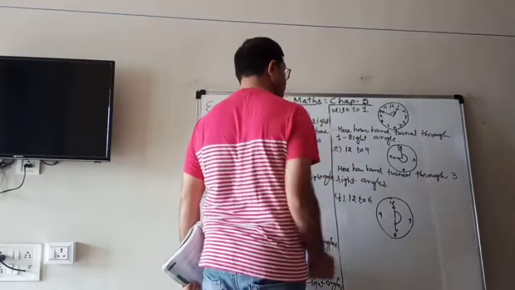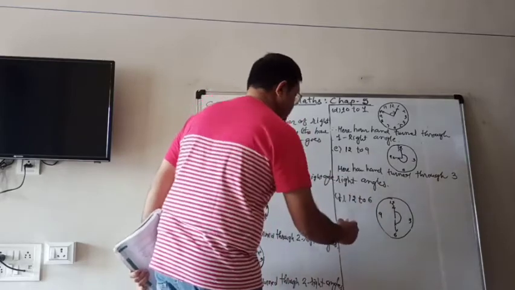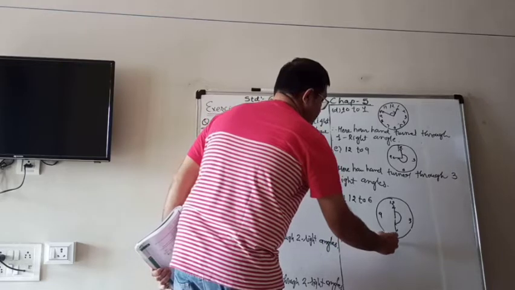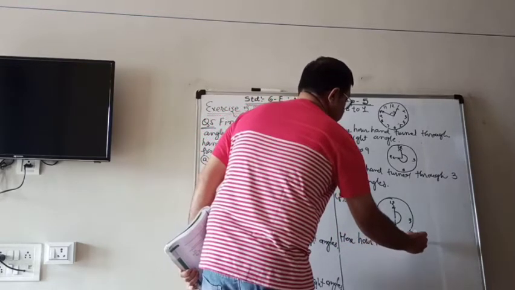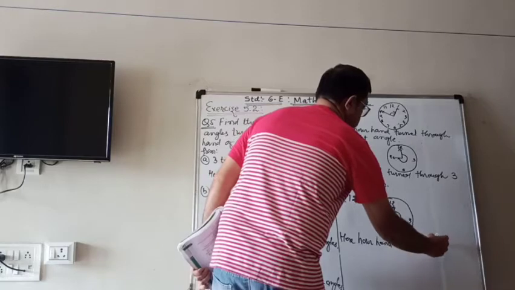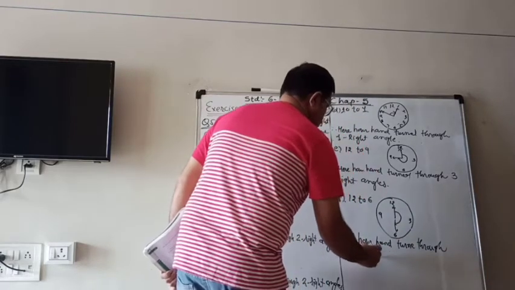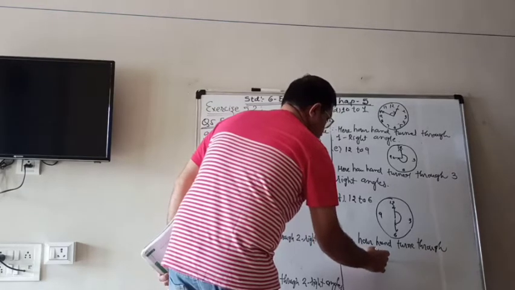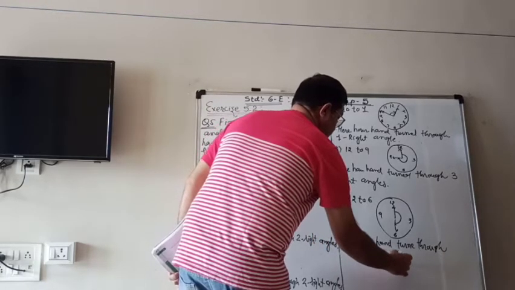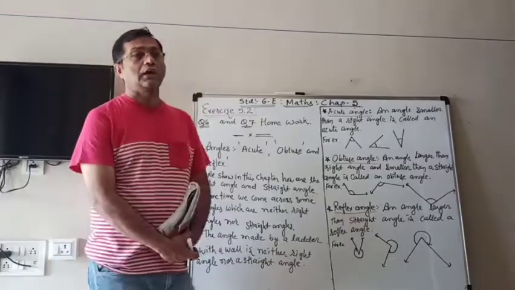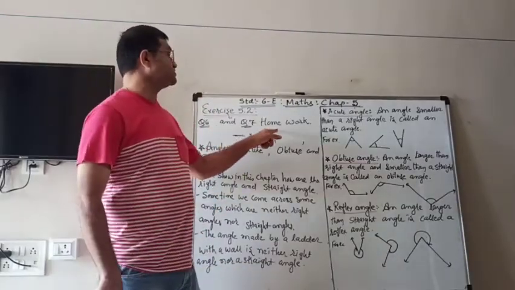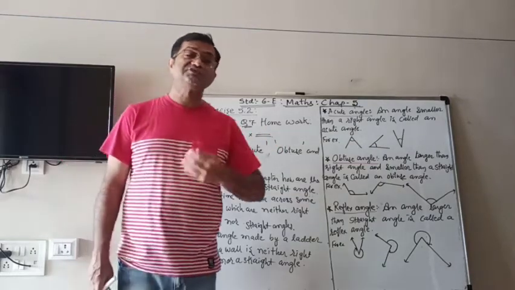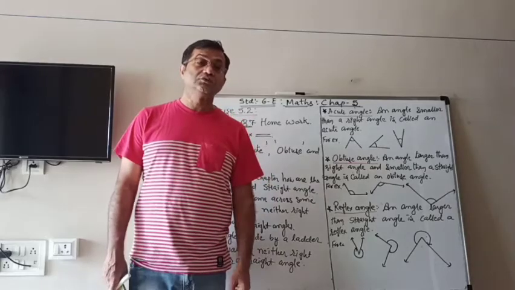So half a revolution means 2 right angles. So here the hour hand turned through 2 right angles. Now question number 6 and 7 are very simple. You can do them yourself. So I leave them for you as homework.